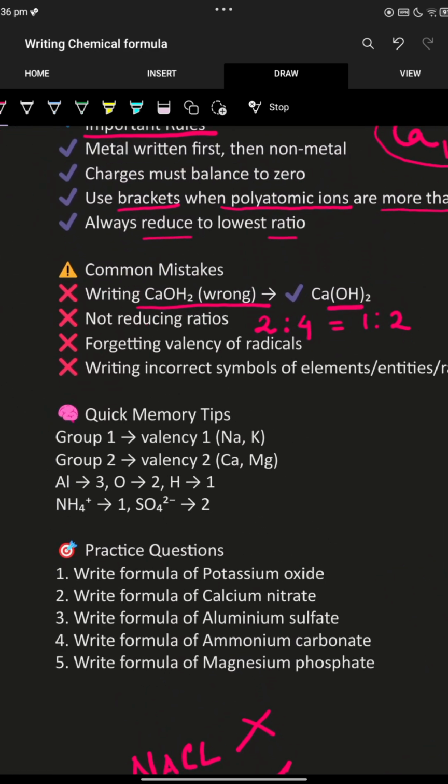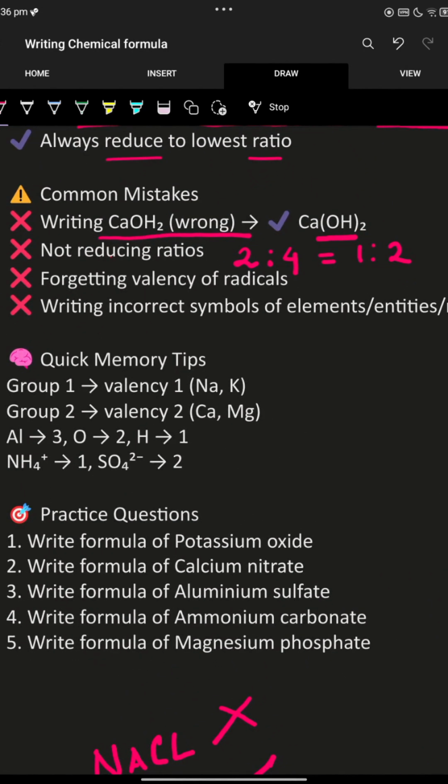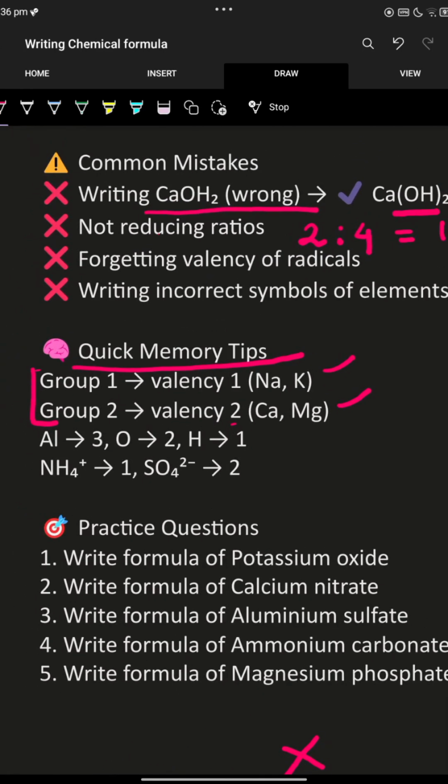Next, quick memory tips I have given. Group 1 elements will have valency 1. Group 1 according to the periodic table. Group 2 according to the periodic table will have the valency same as the group number, valency 2. So these are the examples being given, and these are the common things which you are told to remember.